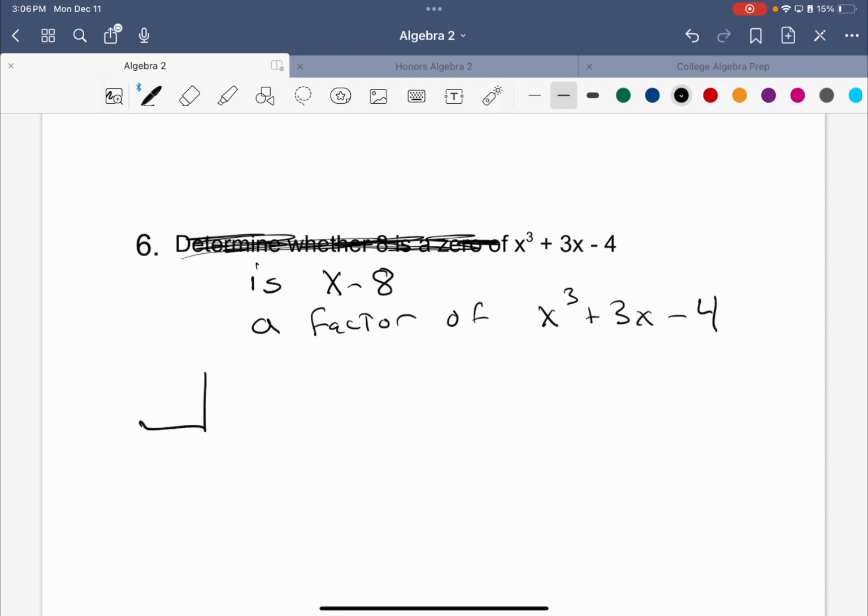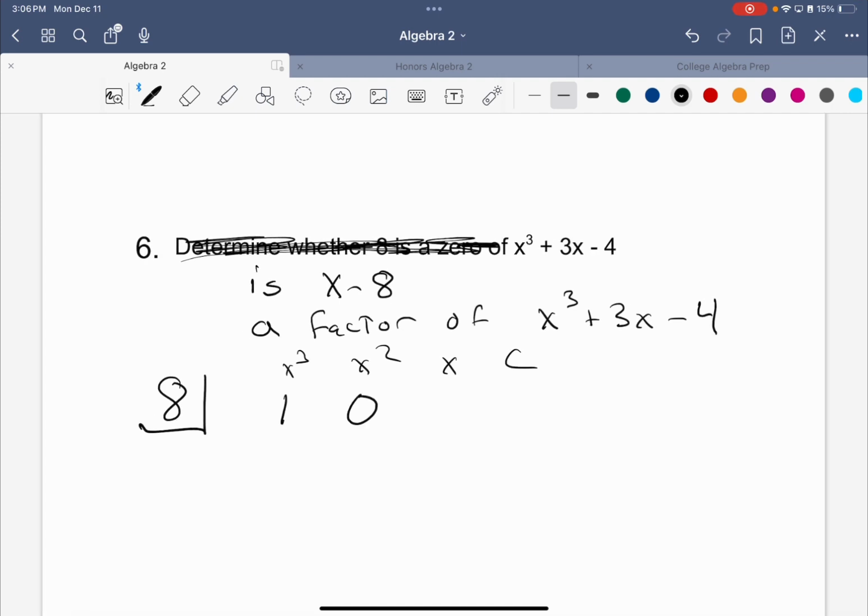What goes inside the box? 8. So we've got 1x cubed. We need to have an x squared, an x, and a constant. There's no x squared, so I have to put a 0. x is 3, constant is negative 4. I can already tell this is going to be bad. That's 8, that's 8, that's 64, that's 67.